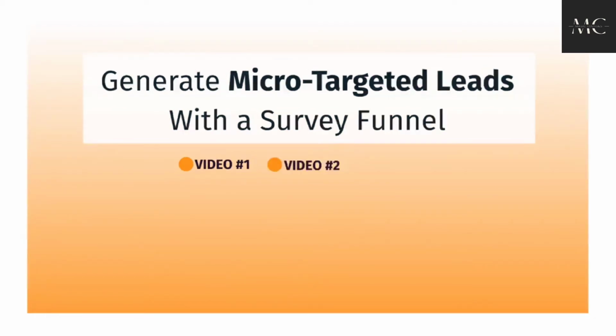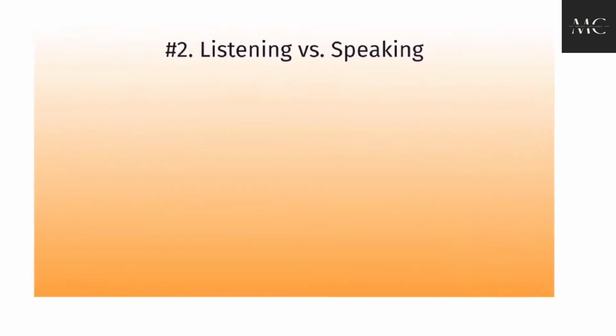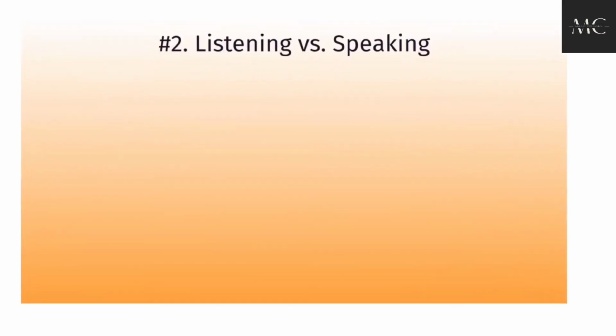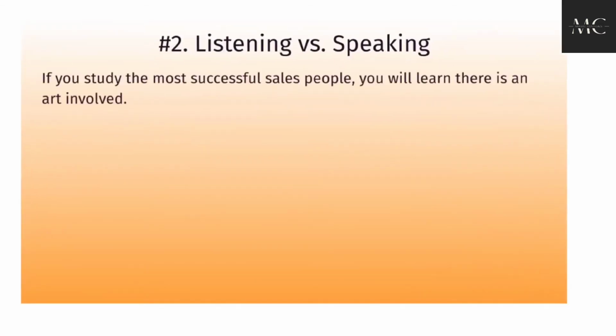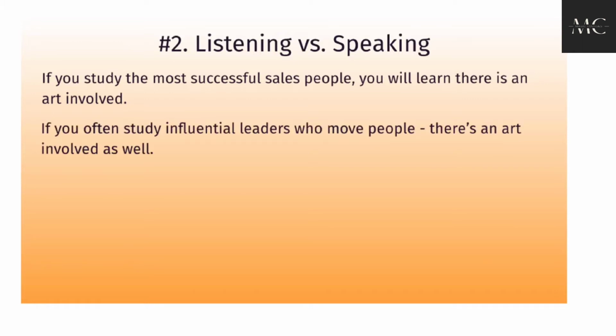Hello and welcome back. This is video number 2. We're going to talk about listening versus speaking. If you study the most successful salespeople, you will learn that there is an art involved. And if you study, for example, influential leaders who move people and have people following them, there's an art involved as well. There are several different types of leaders.